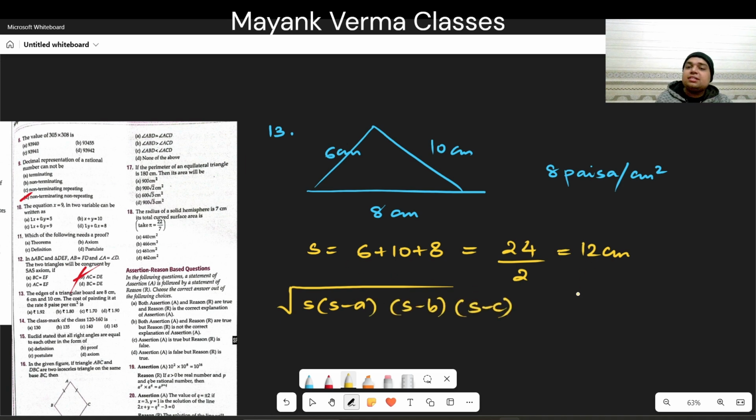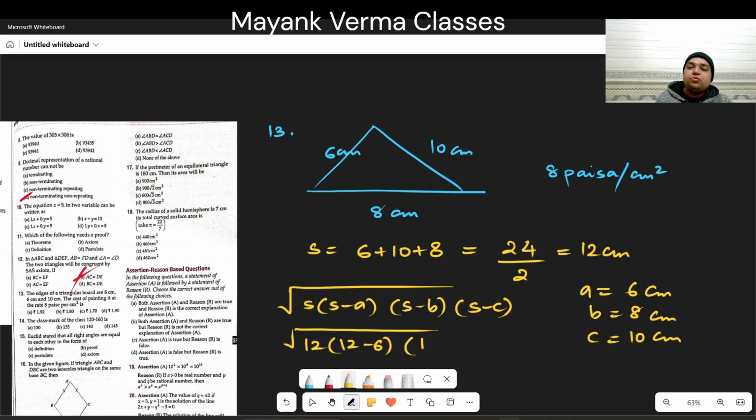So here S is given, A is what? A is 6, B is 8 and let's say C is 10 centimeters. So we will just follow that. That will be 12 into 12 minus 6 into 12 minus 8 into 12 minus 10.